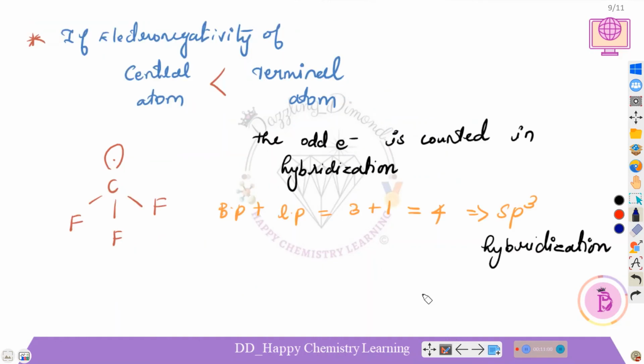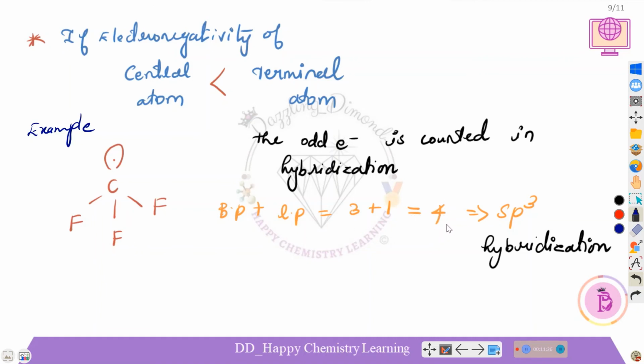Moving to the next, if the electronegativity of the central atom is less than the terminal atom, in this case you will add the odd electron in order to find out the hybridization. Take this example, CF3. Here you will add both the bond pair and the odd electron. So 3 plus 1, you have 4.